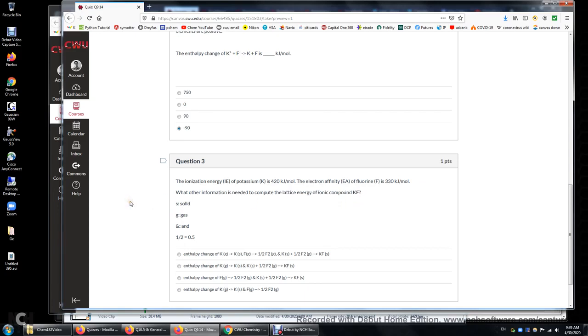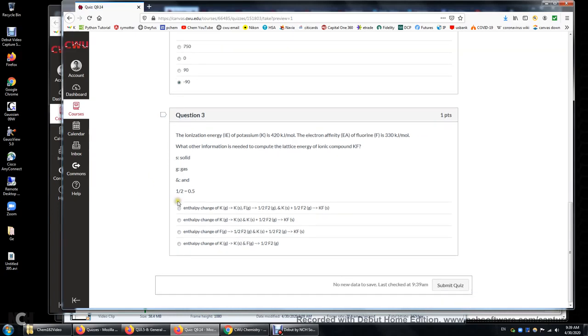So we also need to know how this is being formed. This is being formed from solid potassium and fluorine gas. So we need to look at that over here: potassium solid and the fluorine gas.